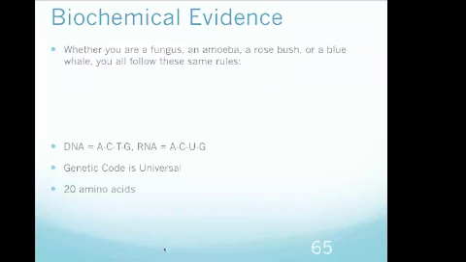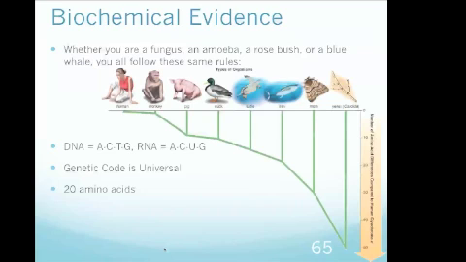So let me give you one line of biochemical evidence that's pretty telling. There is an enzyme in your body called cytochrome C. And what cytochrome C does is kind of irrelevant, but it is an important substance in your body.